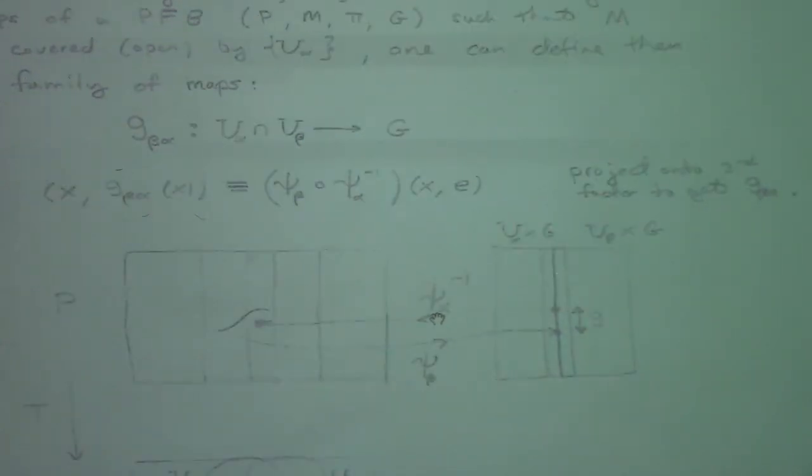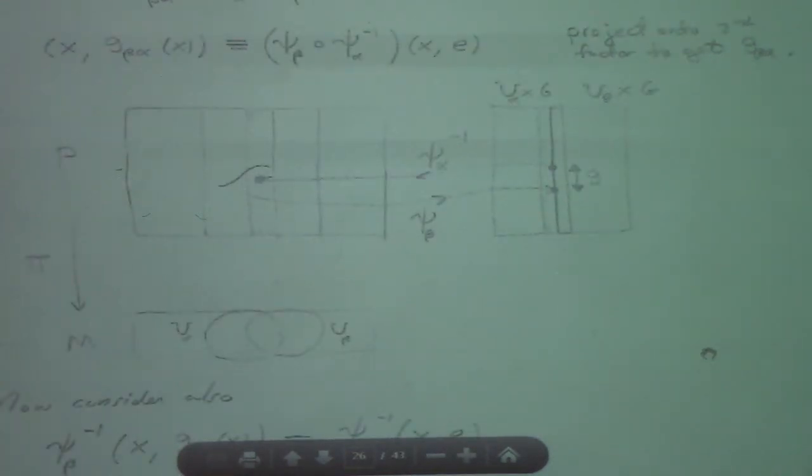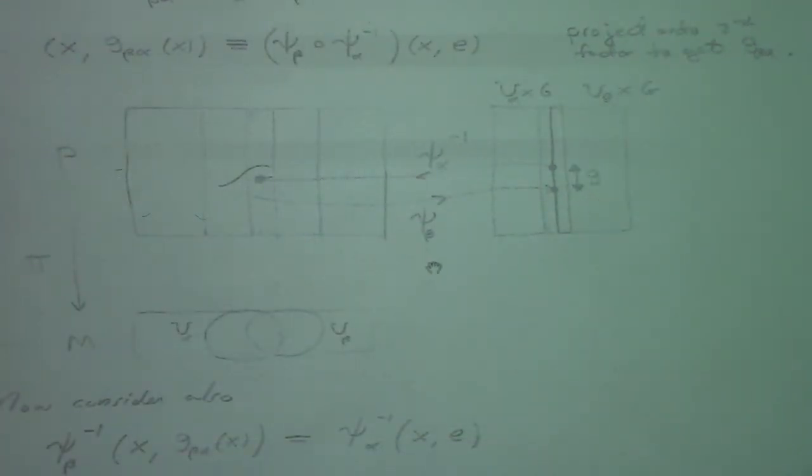Here's a picture. Let's think about this. Over in here somewhere, we've got x comma the identity element, right there. We take psi alpha inverse of that. That moves us all the way over here. Chunk.